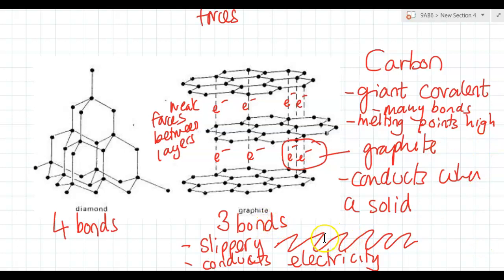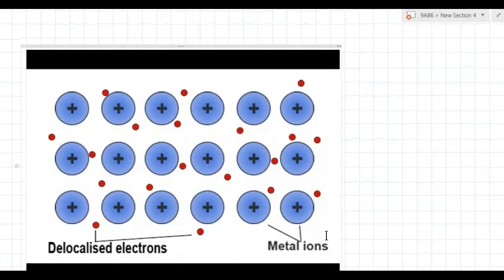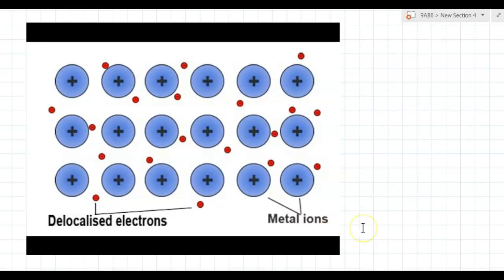Right, let's stick with our conducting electricity and talk about metals, our last type of bonding, the metallic bond. The metallic bond, what holds metals together? Okay, metals are solid, apart from mercury, a regular arrangement of particles.